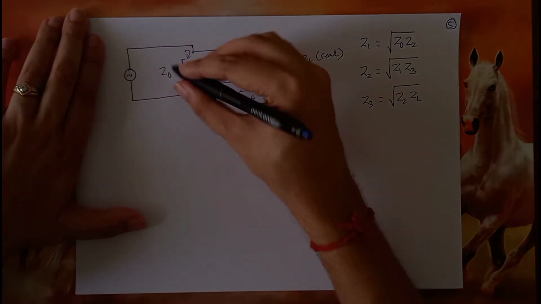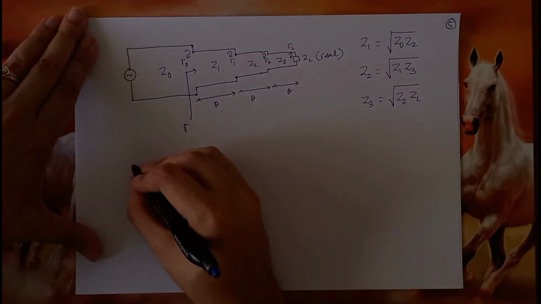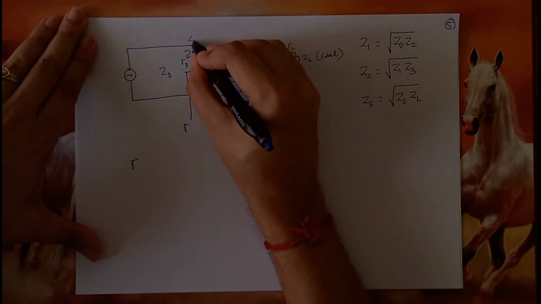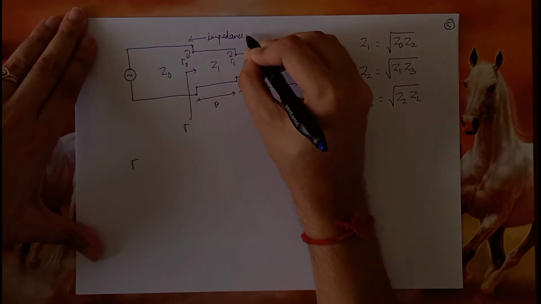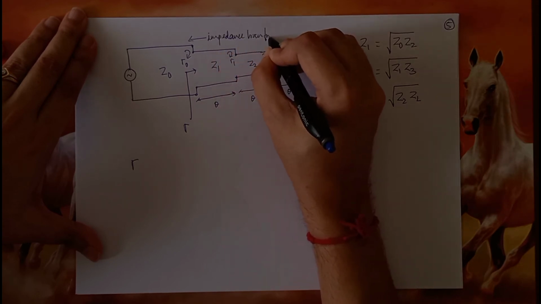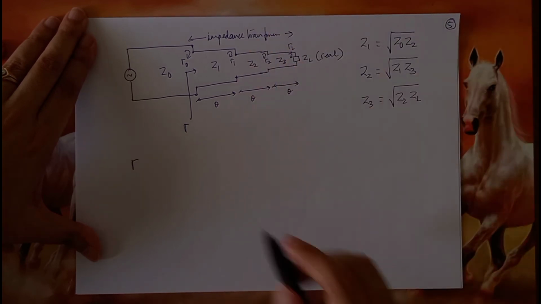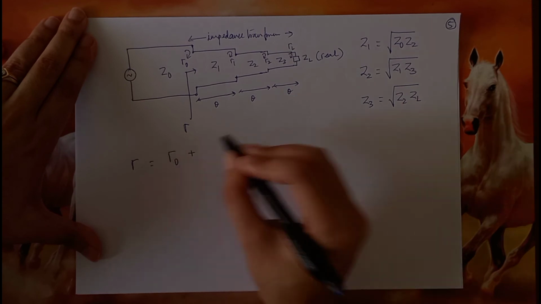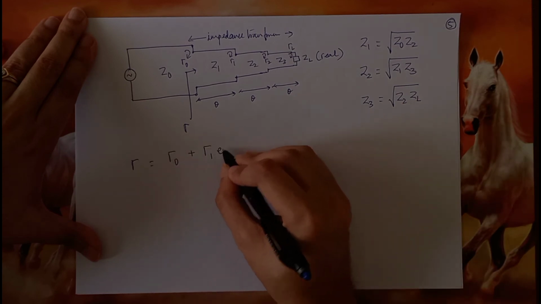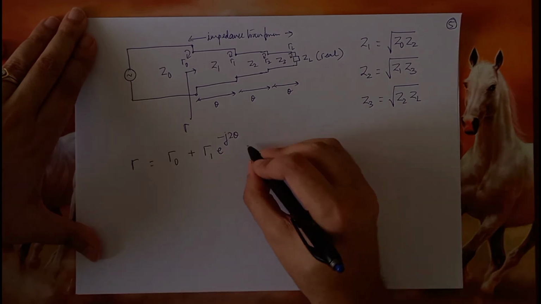So in this case, if I now define the gamma, which is looking into the impedance transformer, which now is this complete thing, that will be equal to gamma 0 plus gamma 1 times e raised to minus j2 theta, again using the theory of small reflections.